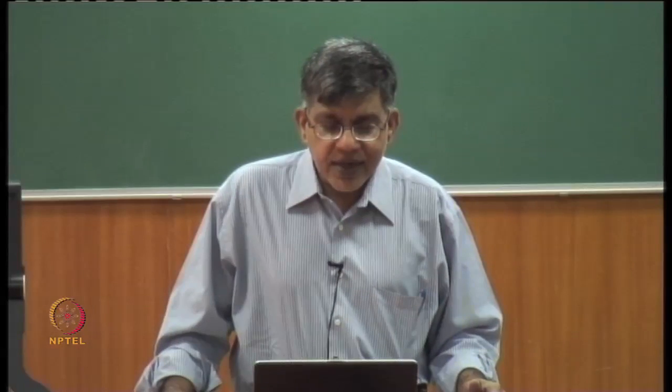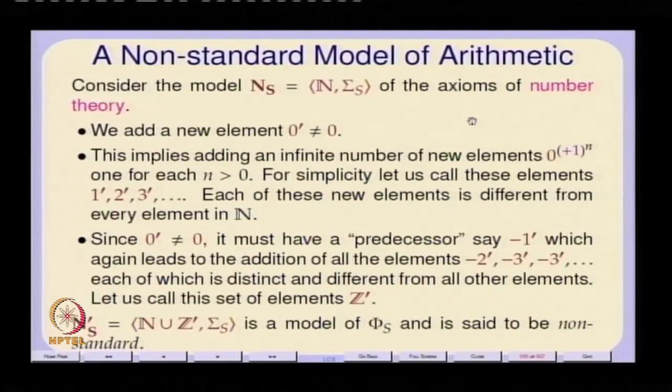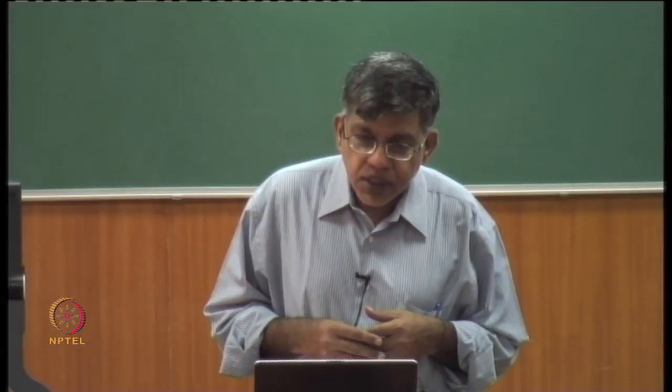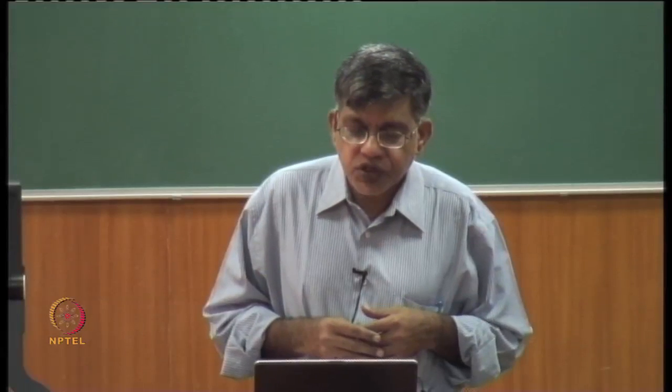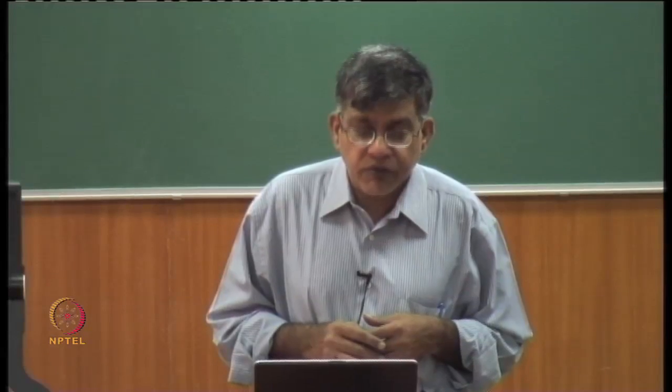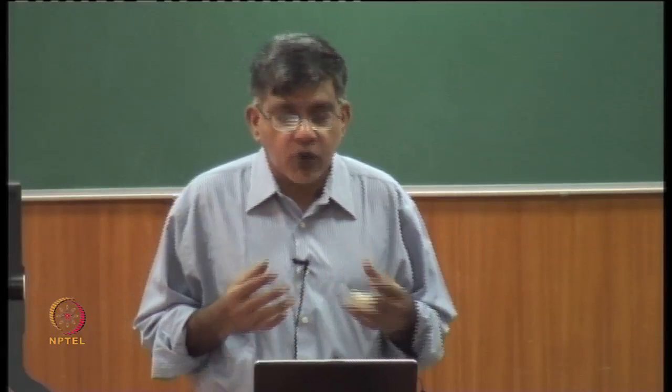And the fact that there are models which are not isomorphic to the standard model indicates that the power of distinguishability that first order logic has is perhaps not enough, and it does not necessarily capture exactly all the properties that one would like, which can characterize a unique model.